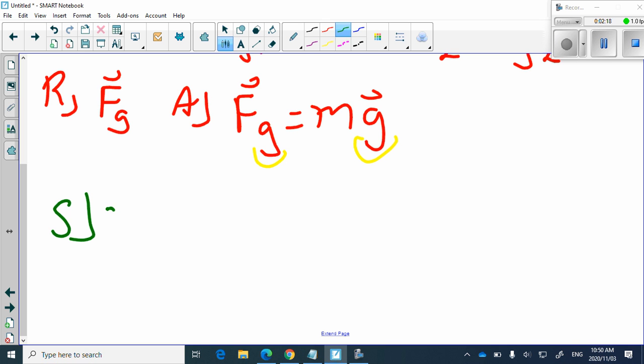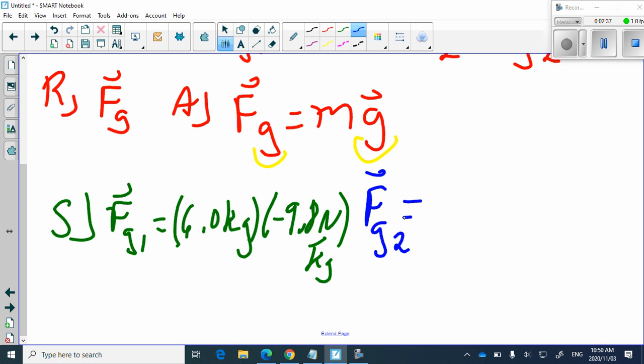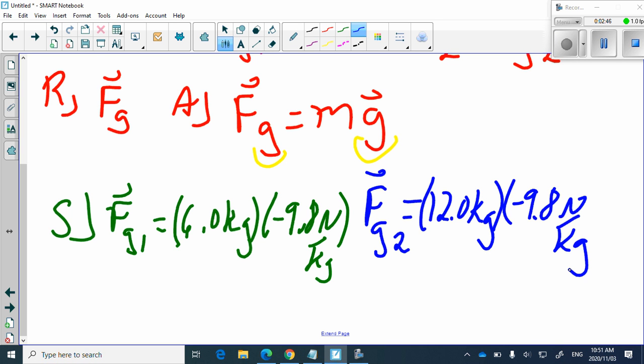So force of gravity on the first object is 6 kilograms times negative 9.8 newtons per kilogram. Force of gravity on the second object is 12 kilograms times the gravitational field strength near the surface of the Earth. And now we're going to solve for this.